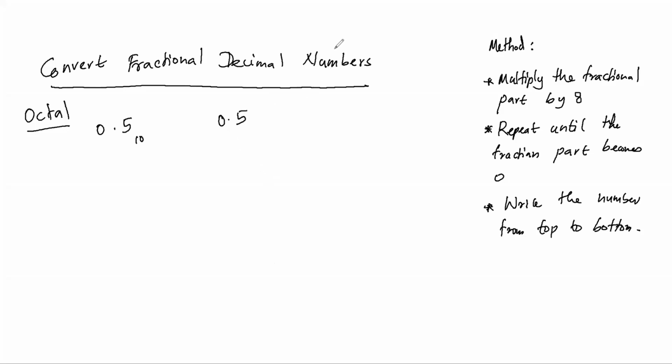Now we have to take 0.5, and I'm going to take the fractional part. I'm going to multiply by 8. 8 into 0.5 is 4.0. So this is 4. So which means 0.5 in base 10 equals 0.4 in base 8.